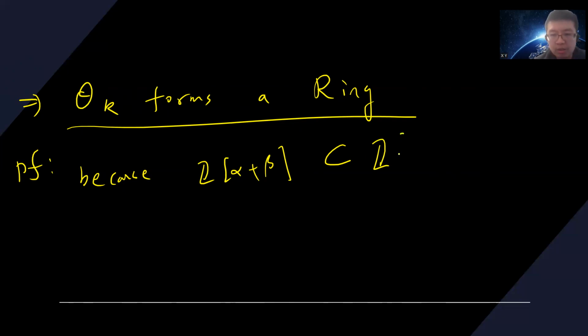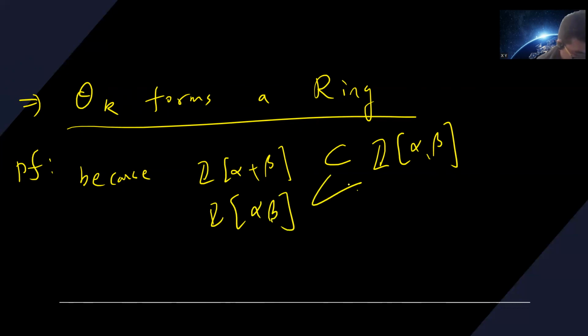Z[alpha + beta] and Z[alpha beta] are subgroups of it, so they are also finitely generated. So this proves that alpha plus beta and alpha beta are algebraic integers.